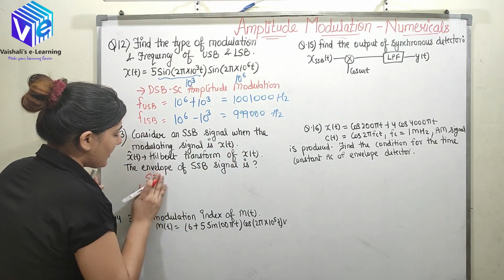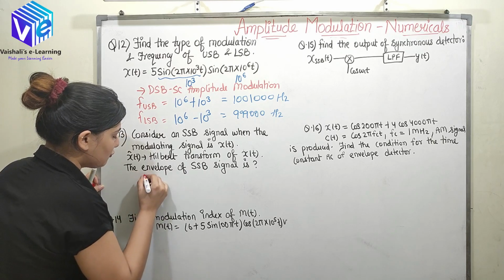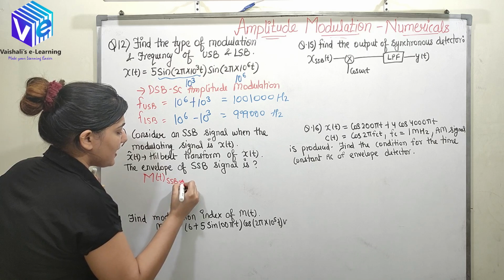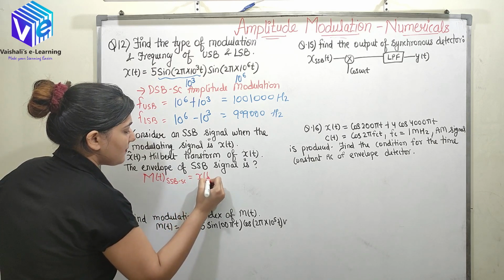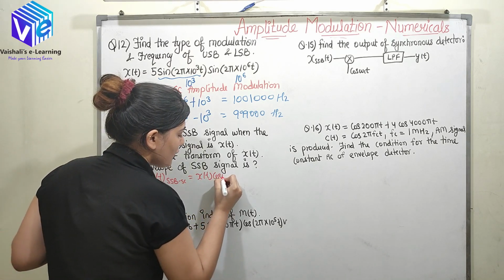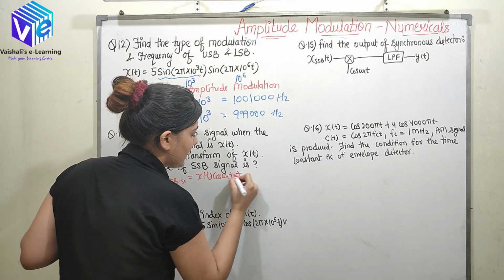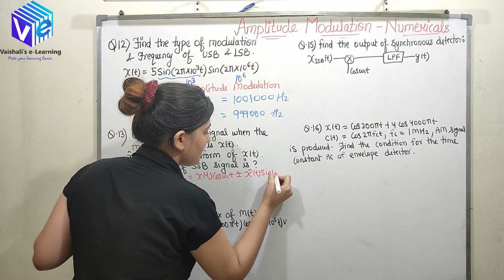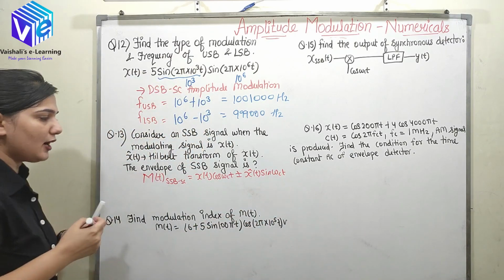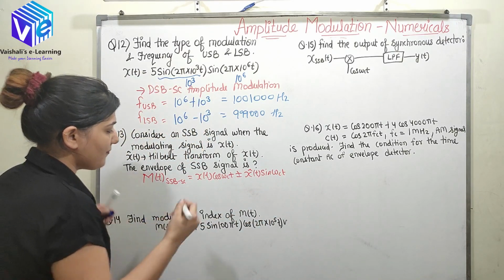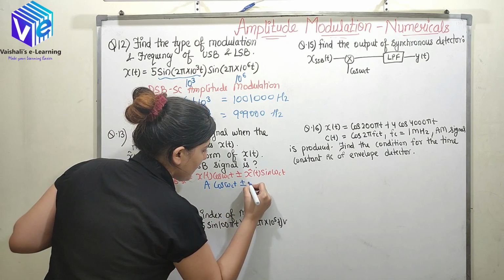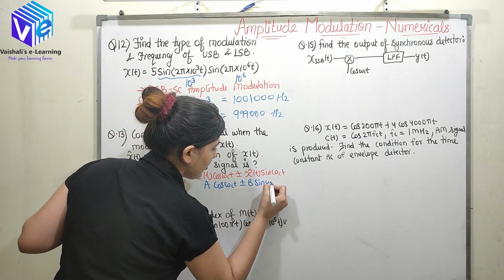So I hope you remember how I used to write the modulated signal in the case of the SSB-SC signal. It was represented using x(t) cos ωct plus minus x cap(t) sin ωct. So now here again we have the form a cos ωct plus minus b sin ωct.